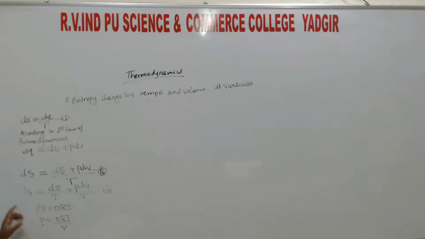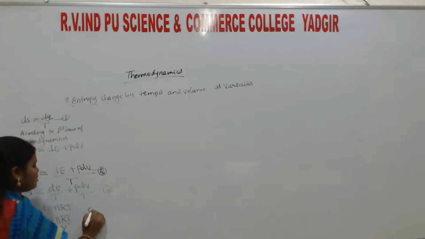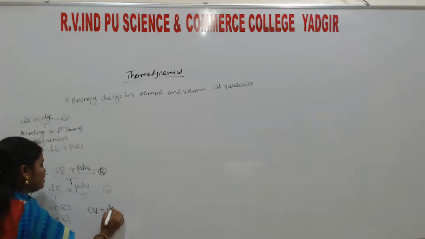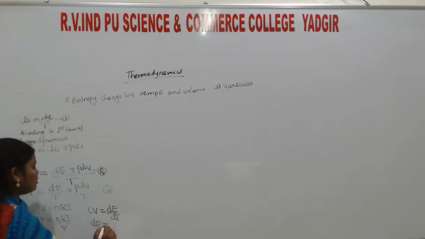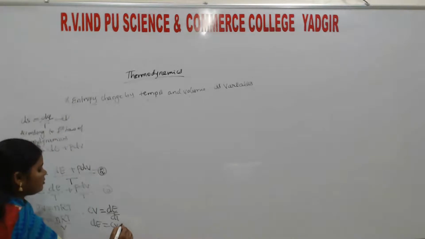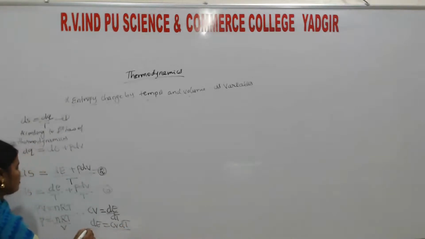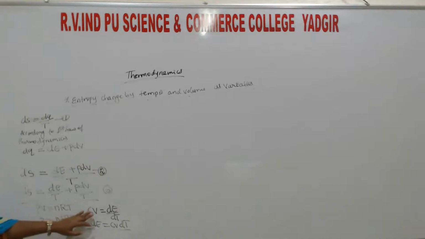Next, CV is equal to dE by dT. Therefore dE is equal to CV into dT.